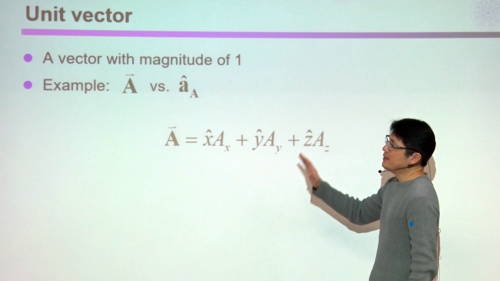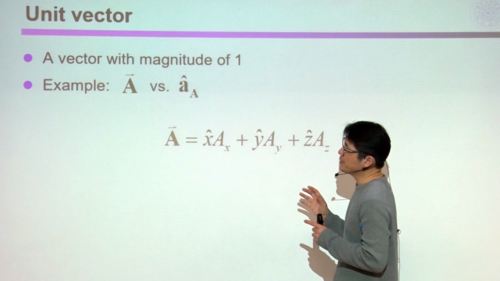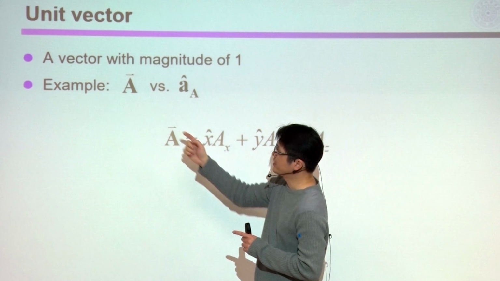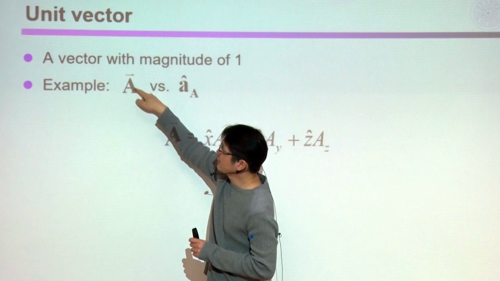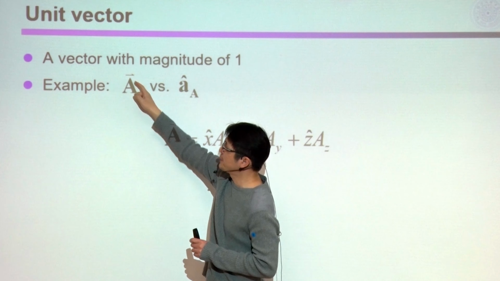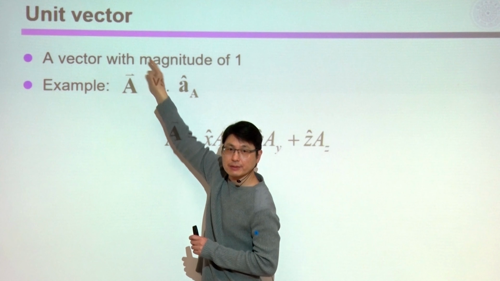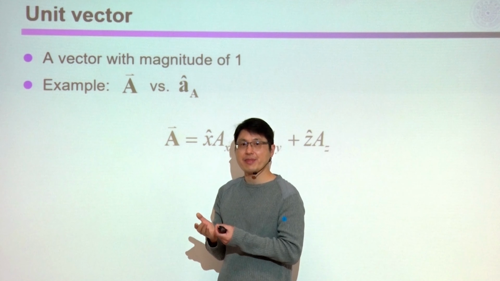Alright, so in the PowerPoint for the rest of the semester, I am going to show vectors using bold letters, capitalized or non-capitalized, but I will have this arrow, okay? So having this arrow means you are dealing with a vector.